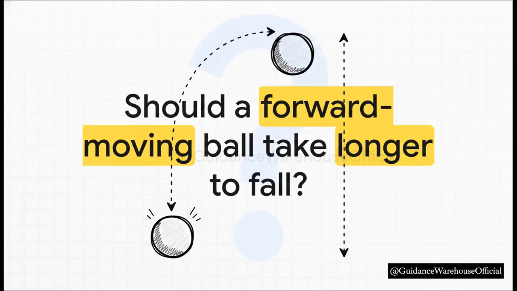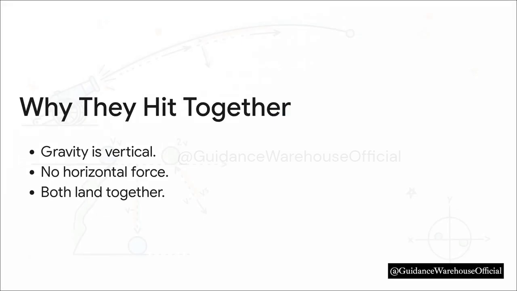Now, you might be asking yourself, wait a minute, if one ball is moving forward, shouldn't it take longer to fall? I mean, it's traveling on a curved path, covering way more actual distance than the dropped ball. How can they possibly stay perfectly aligned vertically? The reason ties directly back to our core rule, the independence of motion. Gravity acts entirely in the vertical direction. It pulls both balls downward at the exact same rate.